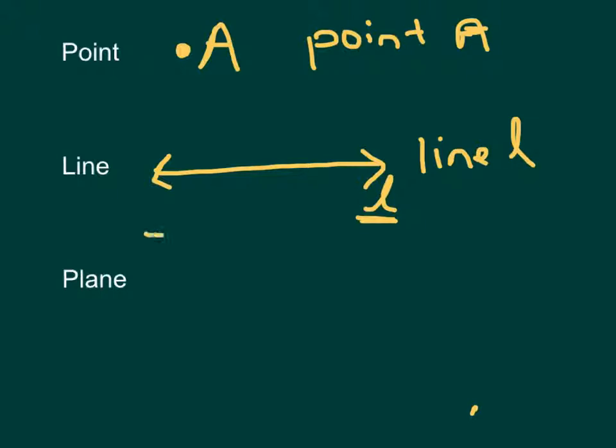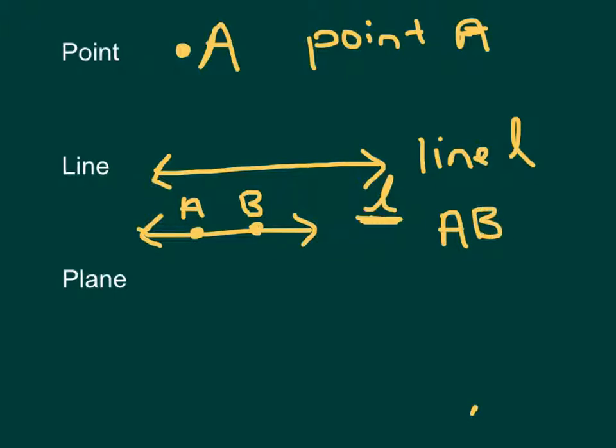We could also have something like this that has points on it. Let's say we have A and B right here. Now, to name this second line, we have to use the points because we don't have that cursive letter like we had in the first one. So we would have to use our 2 points. We could call it line AB or line BA.